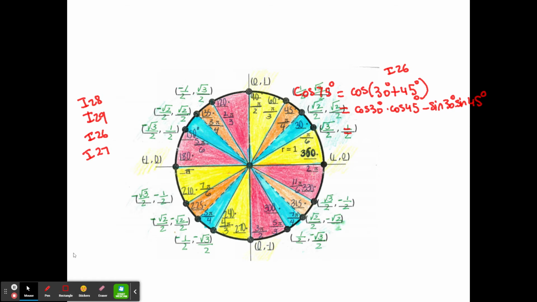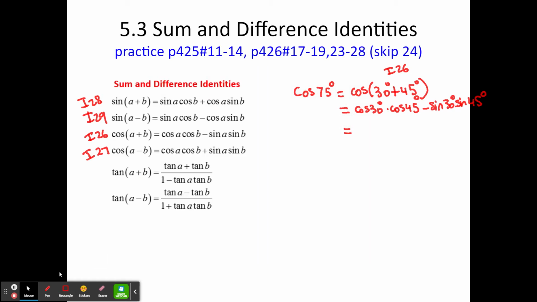So that's why we are able to find the cosine of 75 degrees using the sine and cosine of 30 and 45. So I'm going to fill this in. Square root of 2 over 2 and minus the sine of 30 degrees is half and the sine of 45 is square root of 2 over 2.